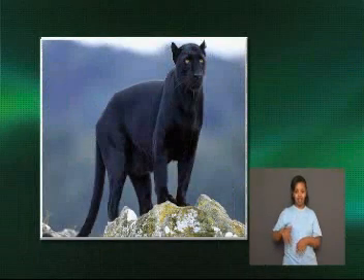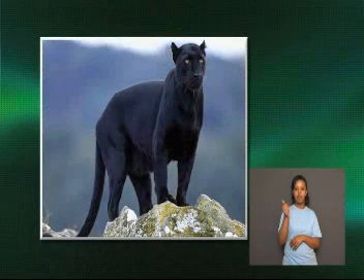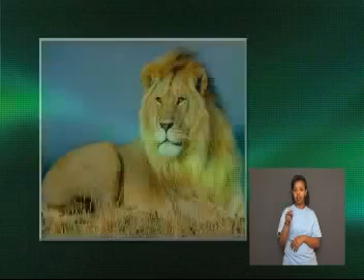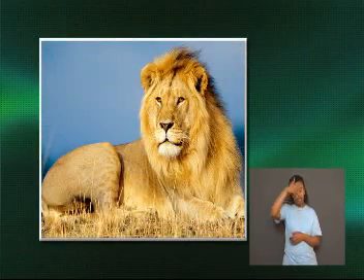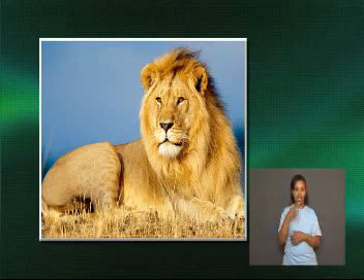The panther is black and has sleek fur, while the lion has lighter colored fur and a mane around its head. Students, by making choices between two external traits, you have just used a dichotomous key to classify organisms.